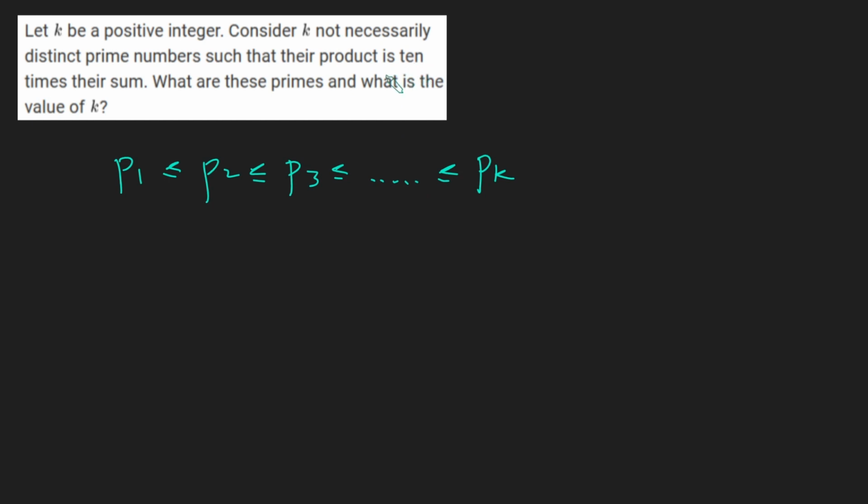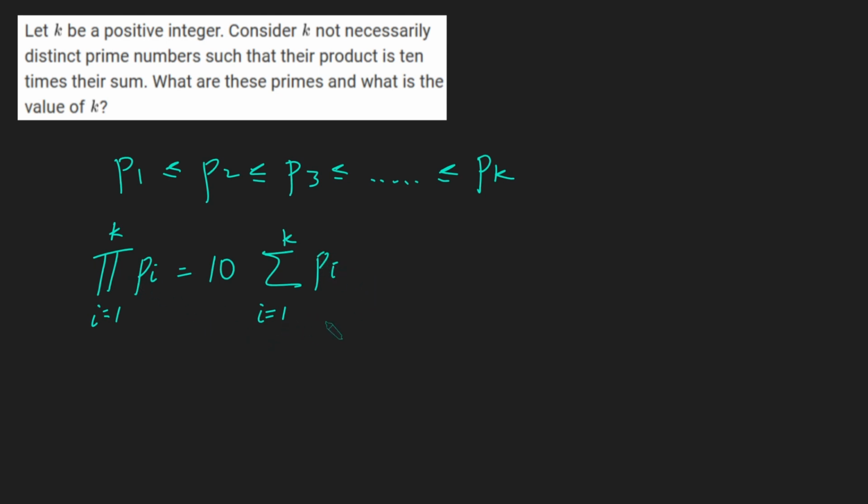Cool. So we have this here, and we can use the other fact in the question, which is obviously going to be important, that the product is 10 times their sum. So the product from i equals 1 to k of pi is 10 times the sum from i equals 1 to k of pi. The product is 10 times the sum.